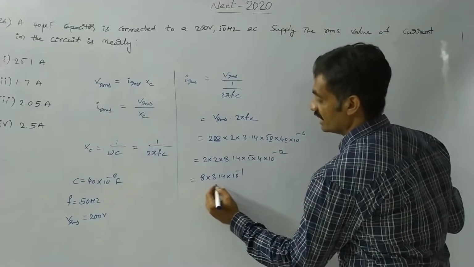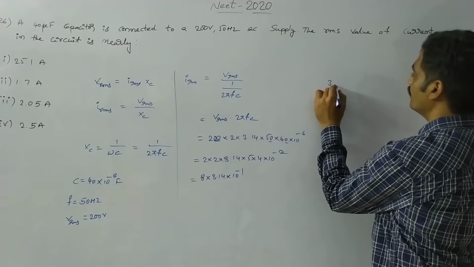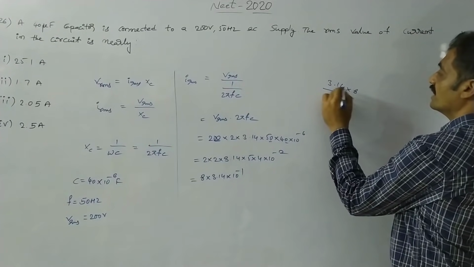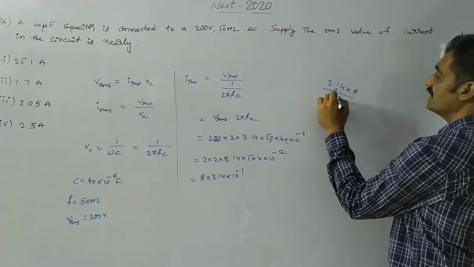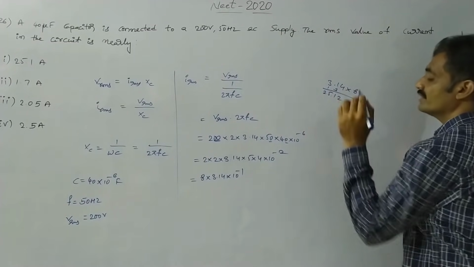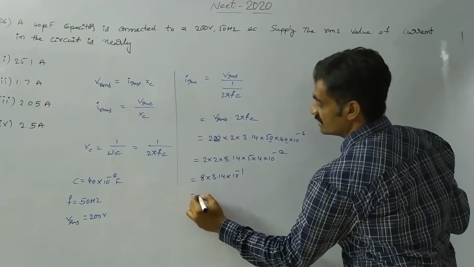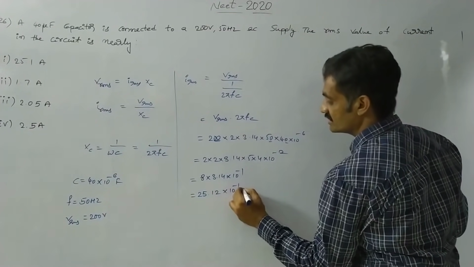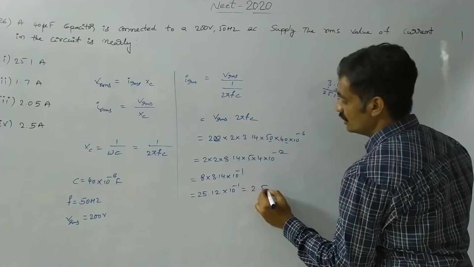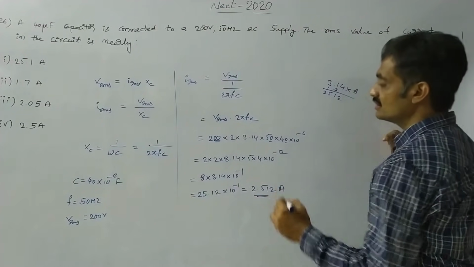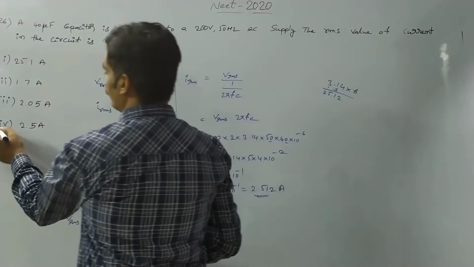Now 3.14 × 8: 4 times 8 is 32, carry 3, and so on, giving 25.12. So we can write it as 25.12 × 10^-1, which can also be represented as 2.512 ampere. So the option will be 4.